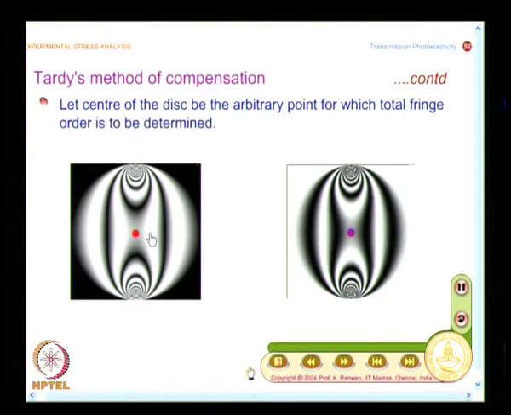In some of the polariscopes built several years earlier, they used to have a control on loading the model. They used to have a water tank to load the model, and they would adjust the level of water until a fringe occupies the center.